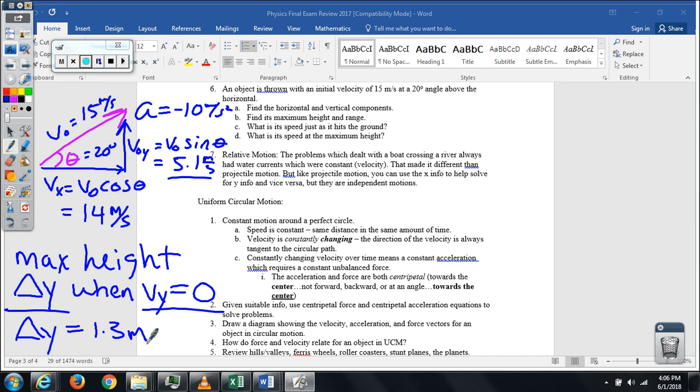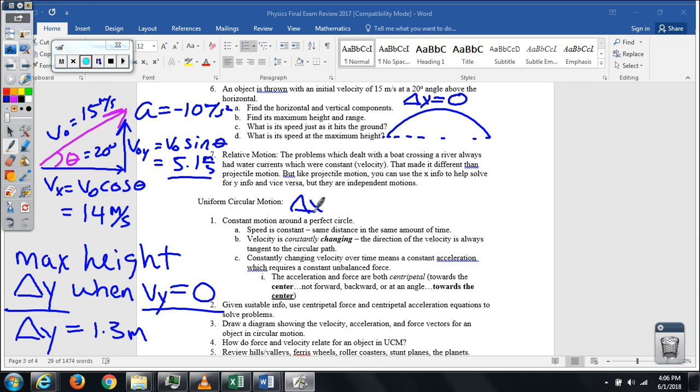The easiest case is if the object lands at the same height that it started from, because then delta y is equal to 0, because there's no change in height from the start of the motion to the end of the motion.